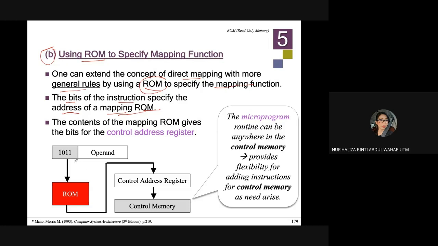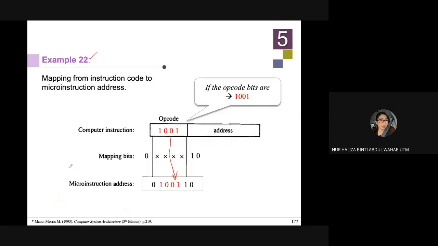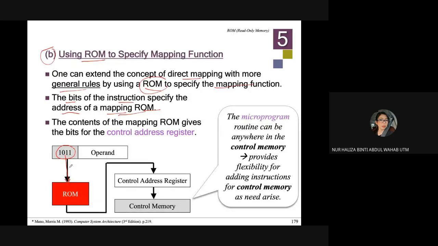So you're going to see over here, if you have direct mapping, you apply the opcode directly to your micro instruction address. But what is the difference?